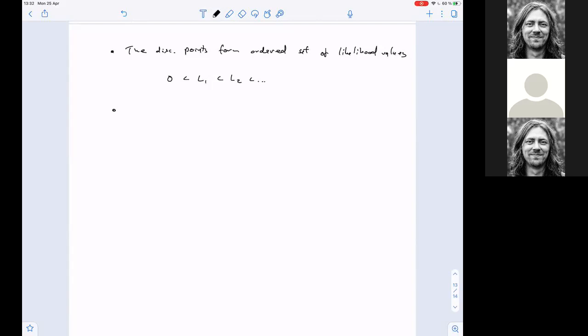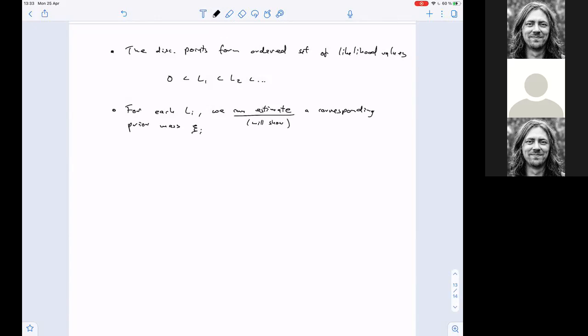So for each L_i, I will now claim, and this we will go through in detail afterwards, that we can estimate a corresponding prior mass psi_i.